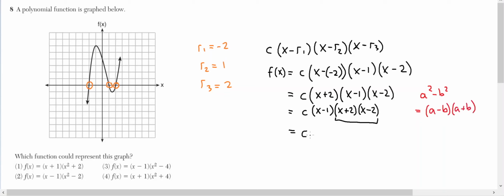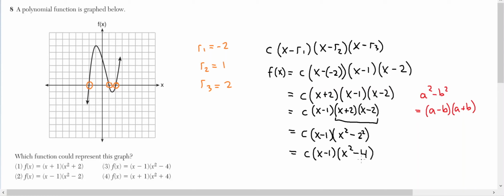So that leaves us with c times x minus 1 times, in this case the a value is x squared, and it's a difference of perfect squares, so we need the square of 2 squared. So just condensing that a little bit further, we get c times x minus 1 times x squared minus 4.